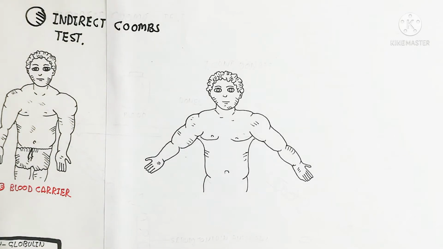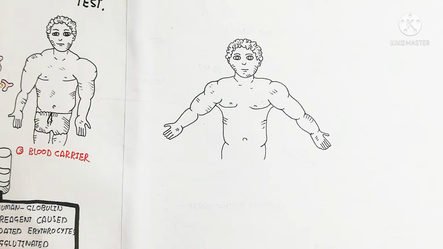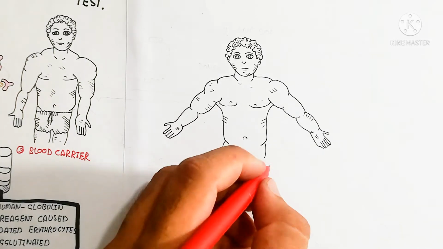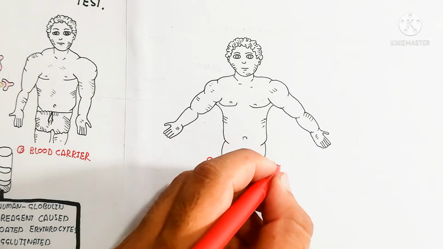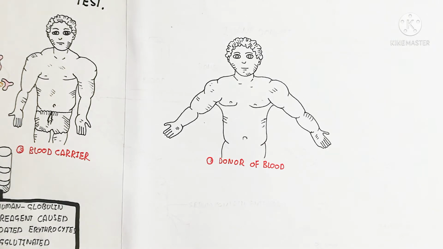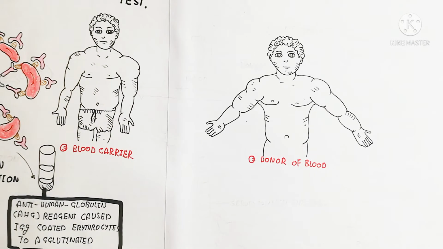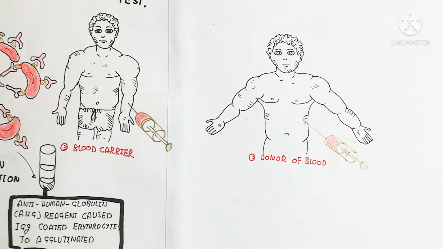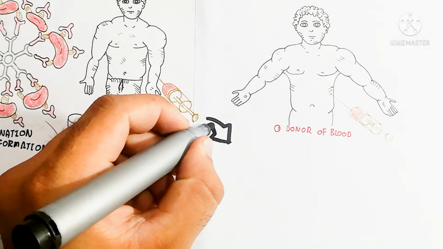So on the other hand, the indirect Coombs test. What does that mean? The indirect Coombs test is used for another purpose, for example, blood donation. During blood donation, we check the blood sample before donation of that blood. So both the blood carrier's and the donor's samples are used.